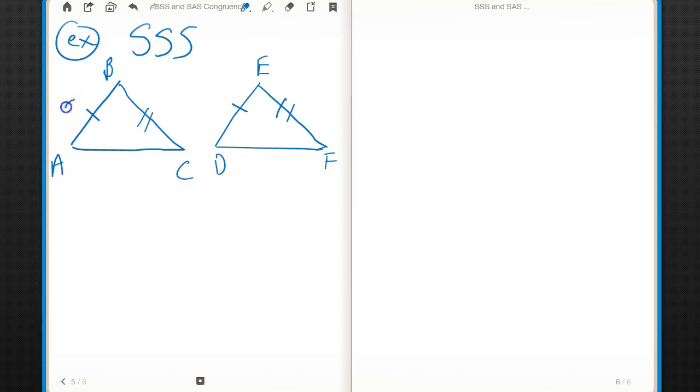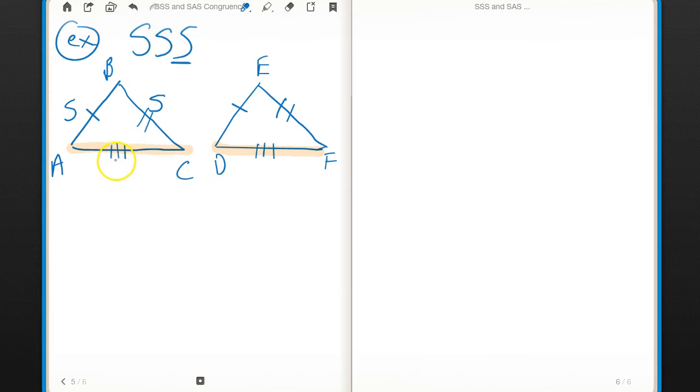Well, I have a side right there. It matches this side. I have a side right here. It matches this side. I'm missing my third side. It's this one. This is my third side that I am missing. If I had those little symbols there, then these triangles are congruent by side, side, side.